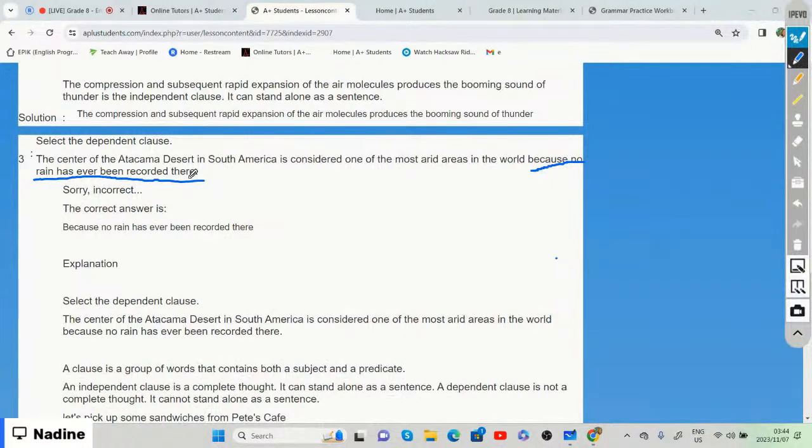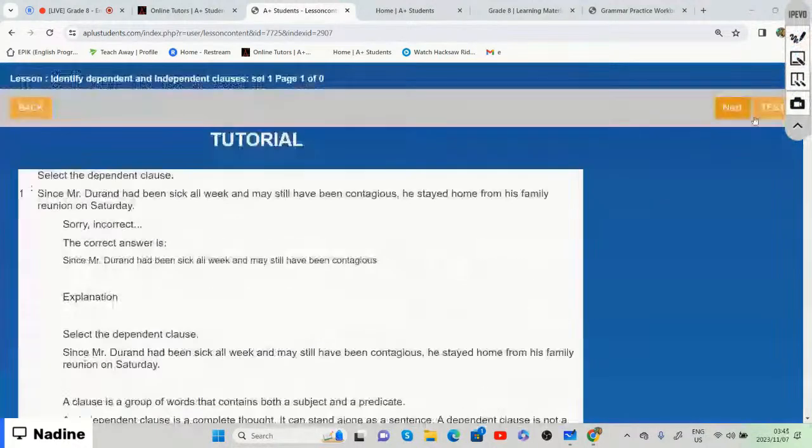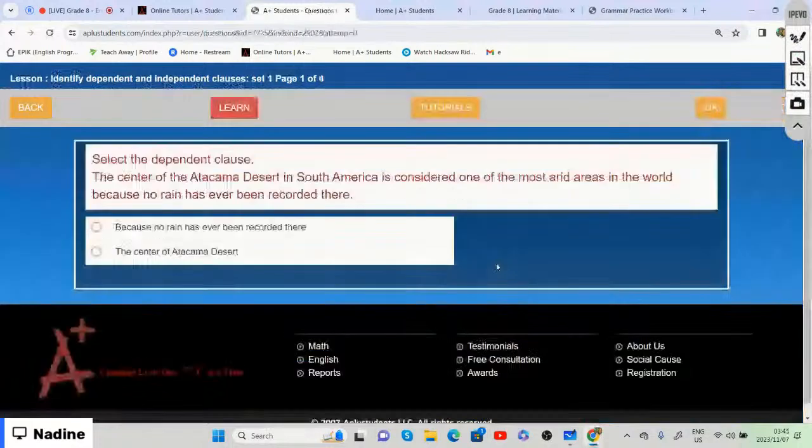So now we're going to our test where we are going to identify dependent and independent clauses. The center of the Atacama Desert in South America is considered one of the most arid areas in the world because no rain has ever been recorded there.